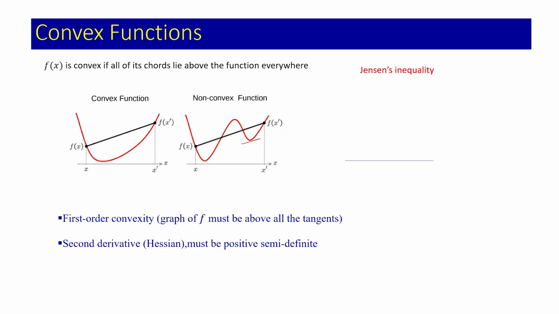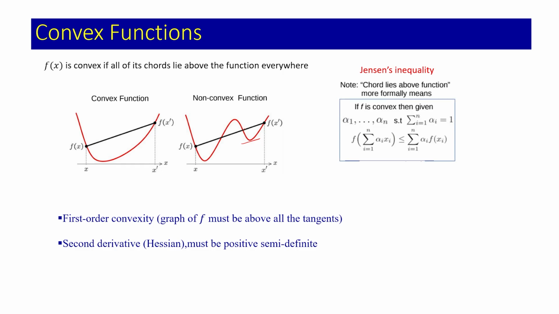So, therefore, first order convexity means the graph of f must be above all the tangents, that is what it is. For second order, the Hessian must be positive semi-definite. Okay. So, that is why Jensen's inequality comes into the picture.